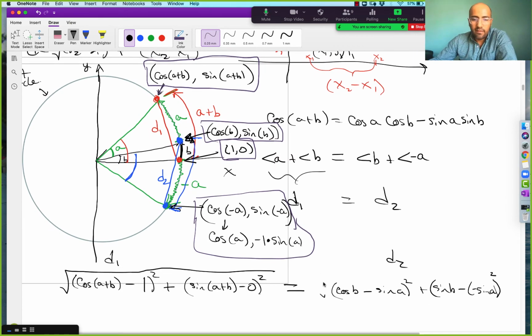And then the square root of that whole thing. Any questions? Difference of the x coordinate squared, difference of the y coordinate squared, square root the whole thing, that's how you get it. Good?